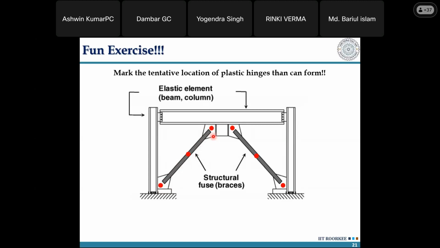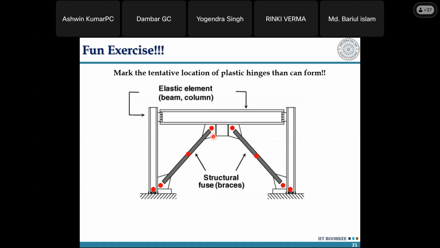So normally when we model the brace elements, we give a moment release for the brace element, because we consider the contribution of the gusset plate in providing any moment restraint to be very negligible. The contribution is very small, so a moment release is good enough rather than giving a hinge there.